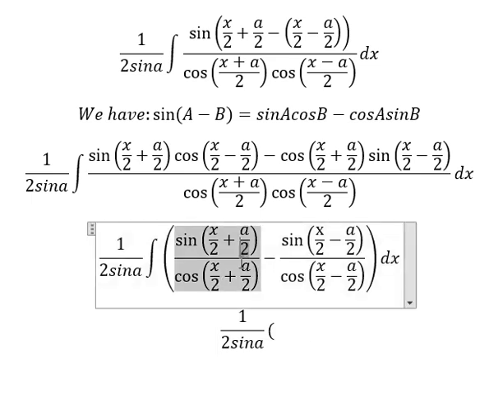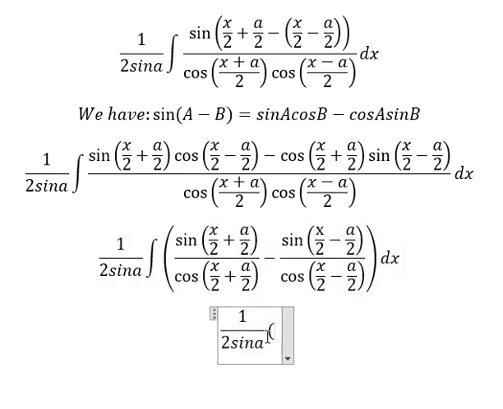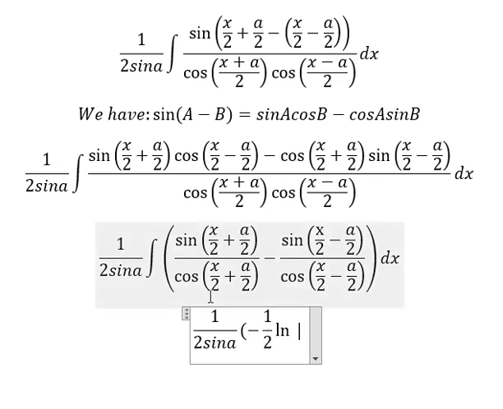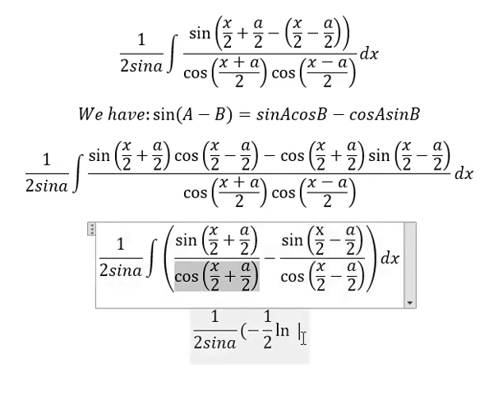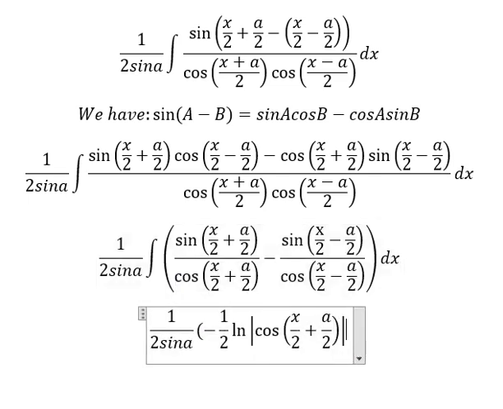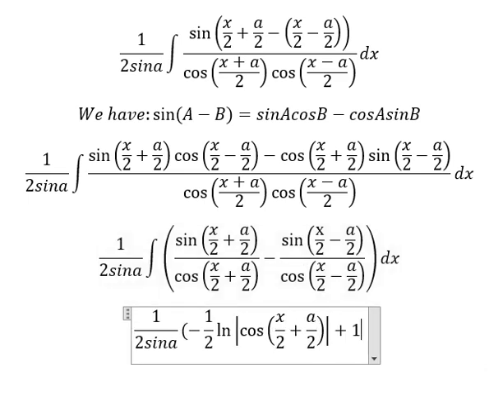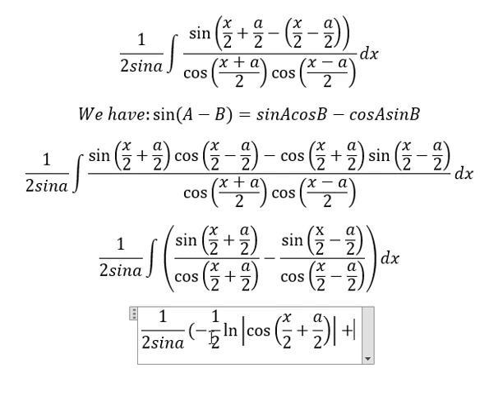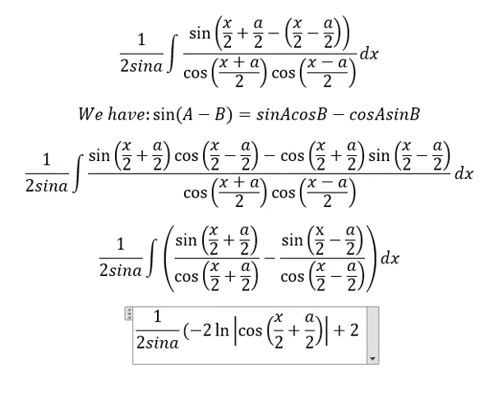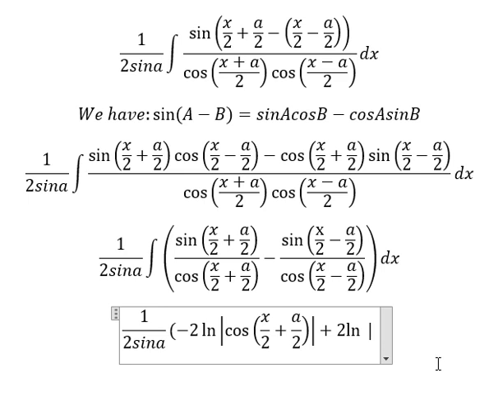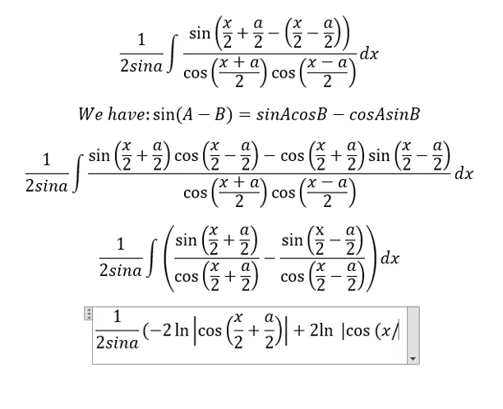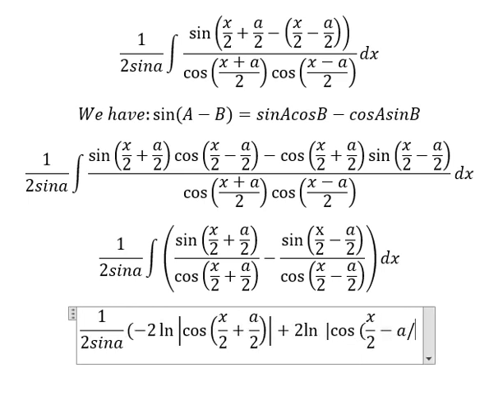The integration of this one, we have negative 1 over 2 ln of the absolute value of this one. The integration of this one, that is about positive, this is number 2, not 1 over 2. Positive 2 ln of the absolute value of cosine of s over 2 minus a over 2.